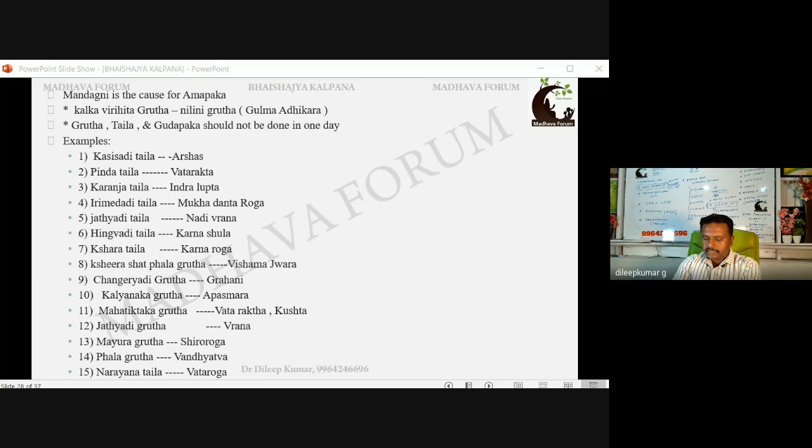Key ingredients: Trikatu, Ingu, Ajamoda, Jeeraka, Saindava, one karsha each.